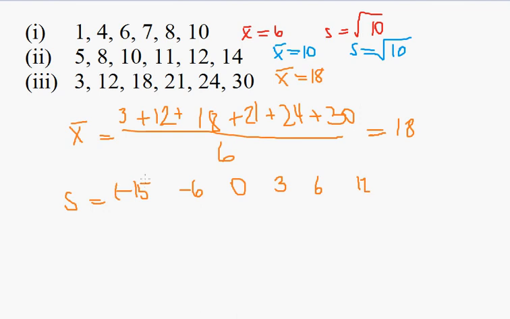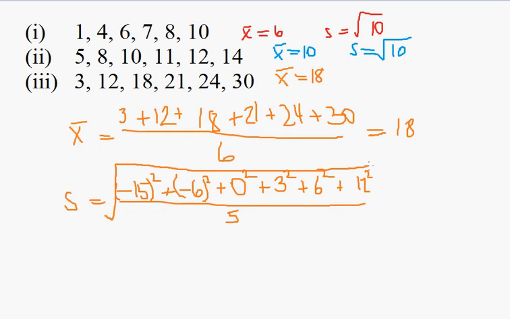Okay, so I need to square all these numbers. Add them up. And divide by 5. And then take the square root of what we get.